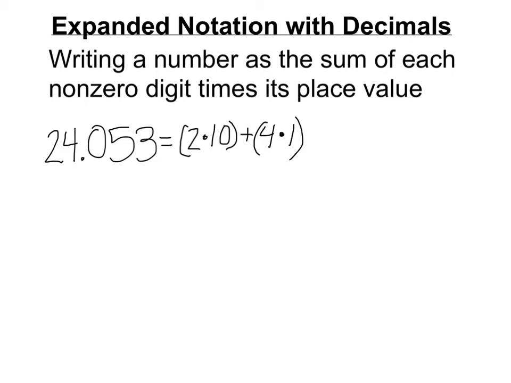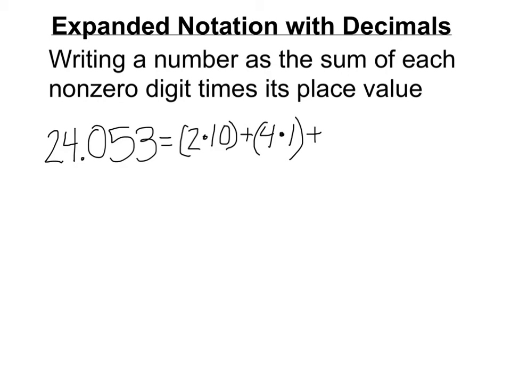Now we're crossing over the decimal. So these are now decimal places. I'm going to skip the 0 because I'm only looking for the non-zero digits. In other words, I'm looking for what we actually have, not what we don't have. So I'm going to move on to this 5. Well, the 0 was in the tenths place, so the 5 is in the hundredths place.